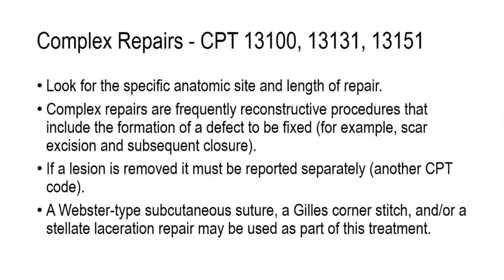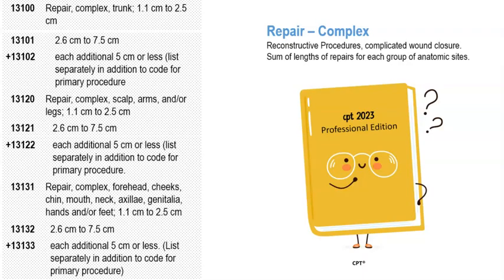A Webster type subcutaneous suture, a Gill's corner stitch, and/or a stellate laceration repair may be used as part of this treatment. Code range 13100 to 13153 are for complex wound repairs.